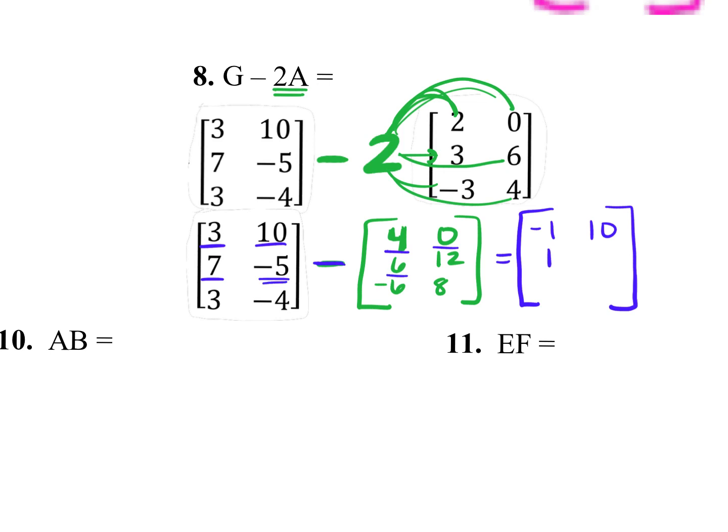Negative 5 minus 12 is a negative 17. 3 minus a negative 6, so that's plus a positive, right? Minus a negative becomes plus a positive, so 3 plus 6 is 9. And then negative 4 minus 8 is a negative 12. And that will be your matrix.